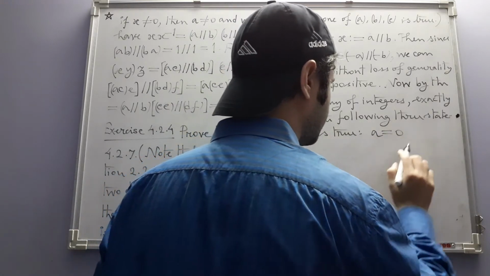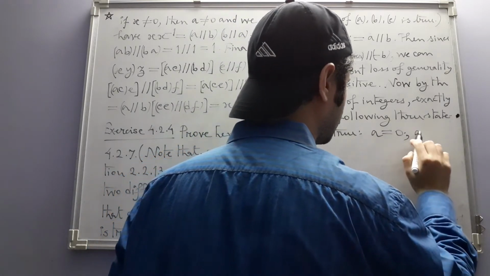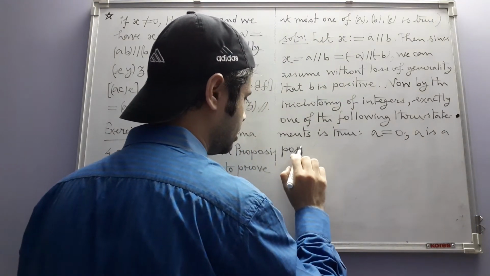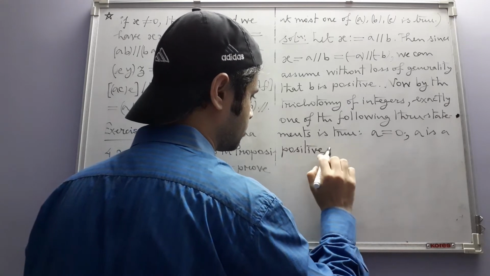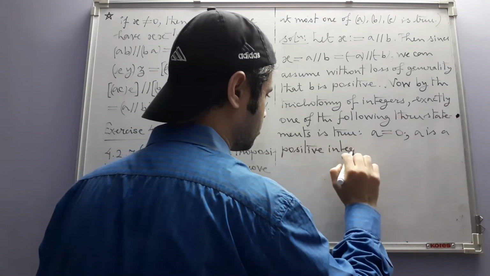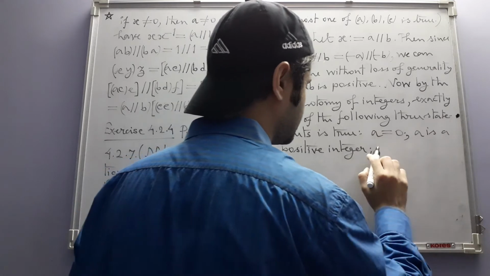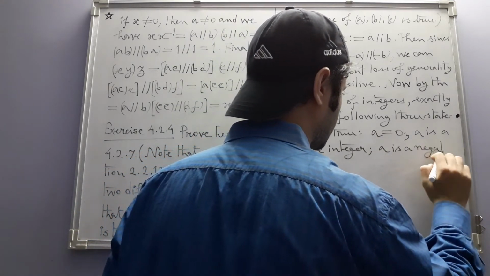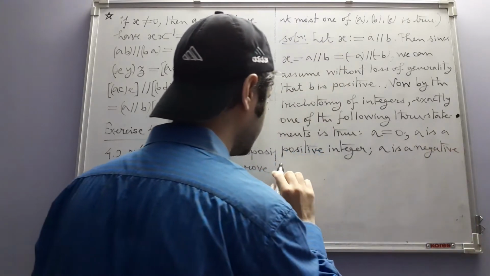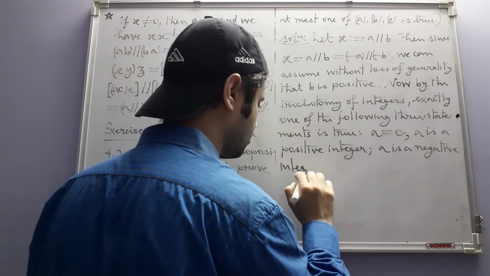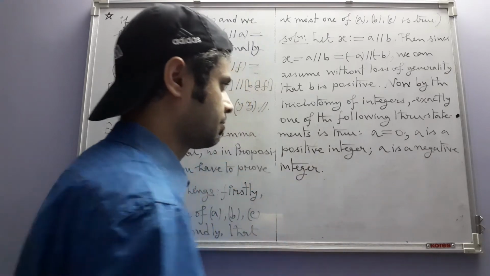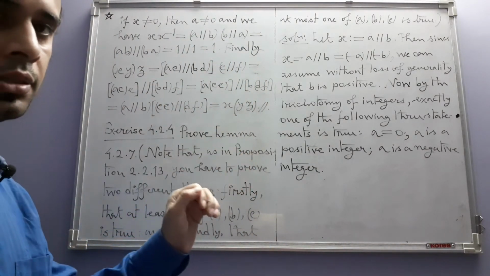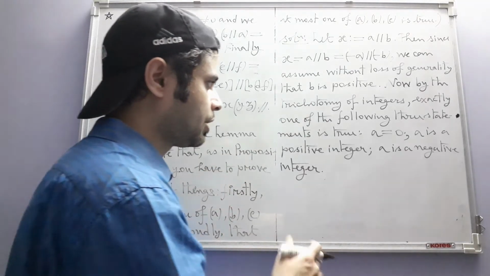A is equal to 0. A is a positive integer, and the third statement is a is a negative integer. Okay, we already have the fact that exactly one of these three statements is true, whatever a may be.